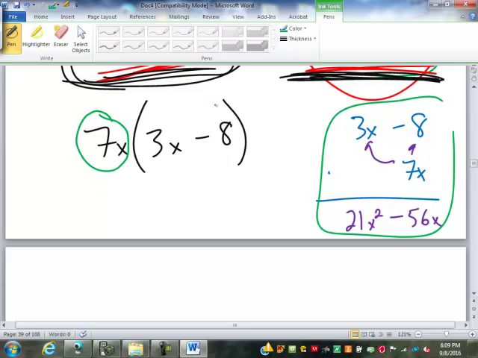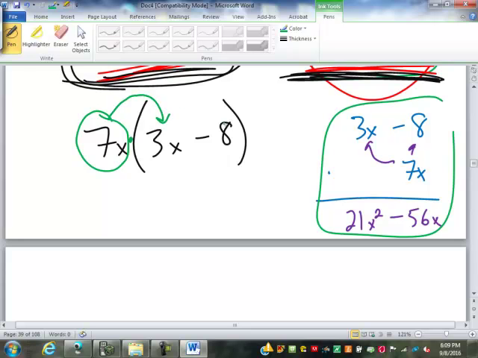So 7x is in front of the parentheses. Technically, first we should ask if there's anything we can do in the parentheses. The answer here is no. There's nothing we can do there. So then the second question, is there anything that has to be done to the parentheses? And yes, it's being multiplied by the 7x.